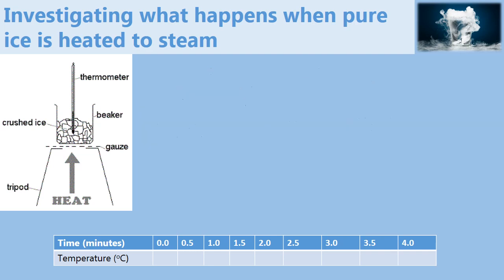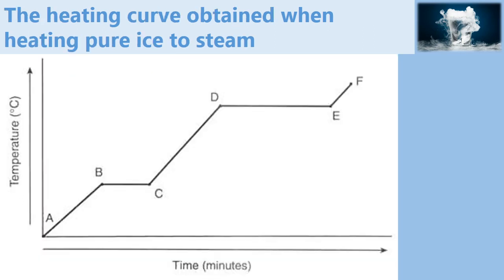Now, after carrying out this experiment and recording the different temperatures at half-a-minute intervals, we'll obtain a curve or a graph. The heating curve obtained when heating pure ice to steam is shown below.